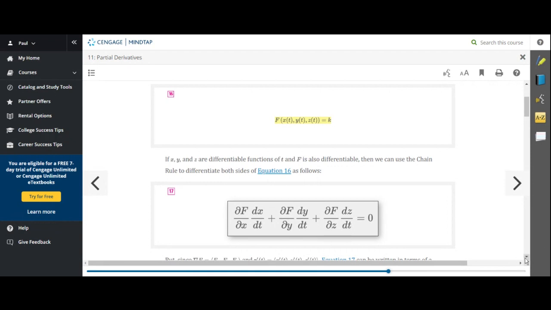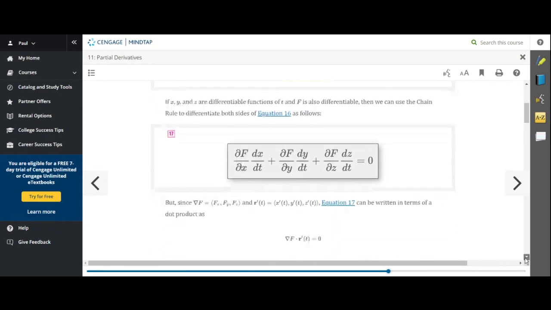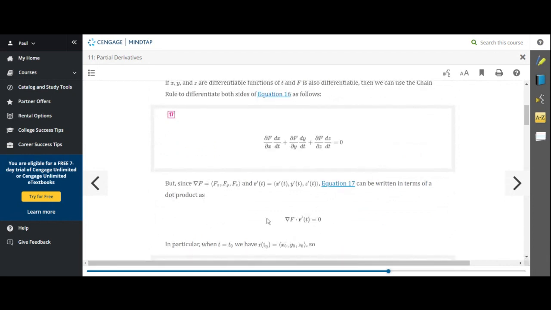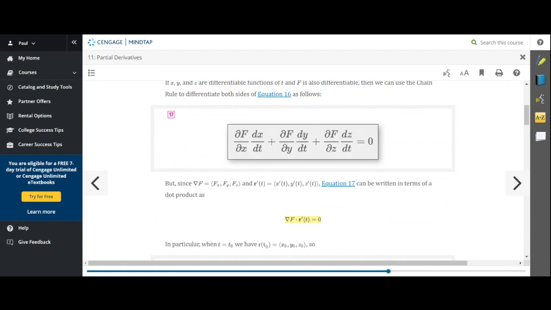Well, that's fine then. But we can write formula 17 as a dot product of the gradient vector and r prime of t. Okay, we can express formula 17 here as the dot product of r prime and the gradient of the function.